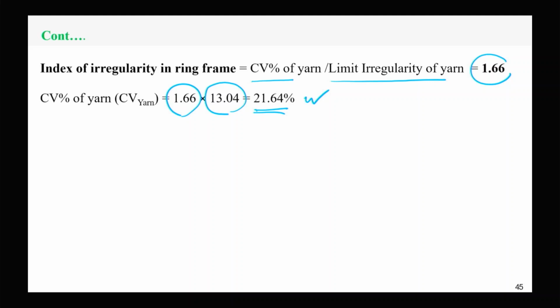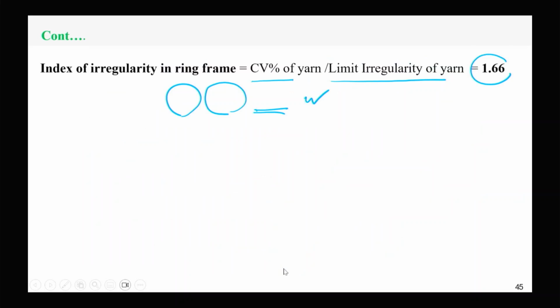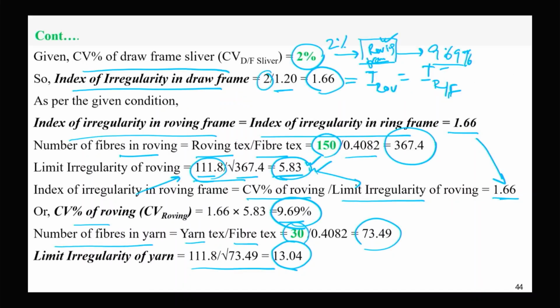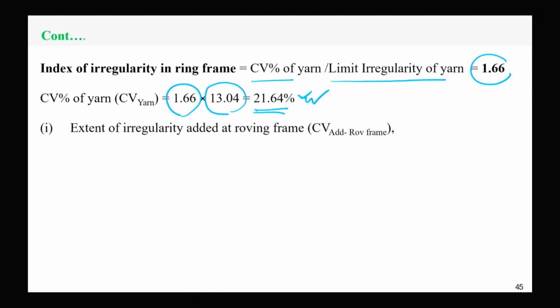So what we have done till now, we have calculated the CV of roving, 9.69, and the CV of yarn. So from there we can calculate the extent of irregularity added at roving.